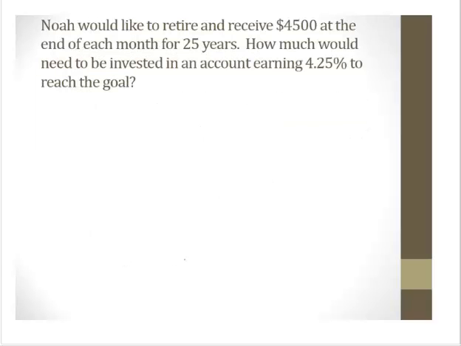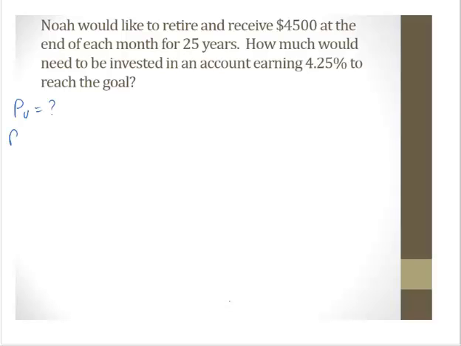Noah would like to retire and receive $4,500 at the end of each month for 25 years. How much would need to be invested in an account earning 4.25% to reach the goal? So how much would need to be invested? What's the present value, right? We don't know the present value.